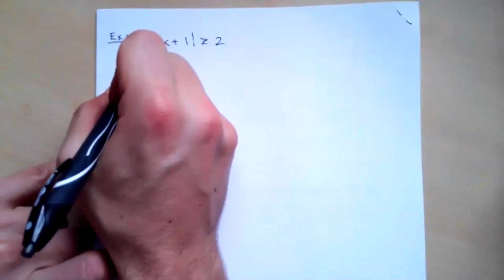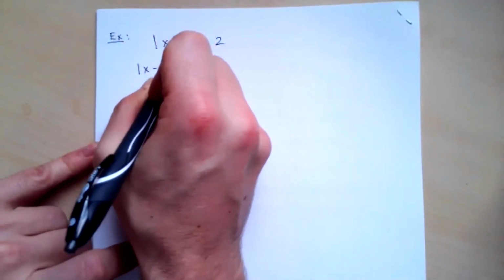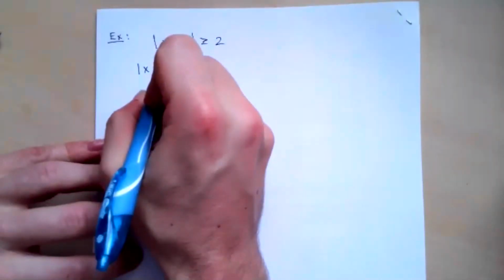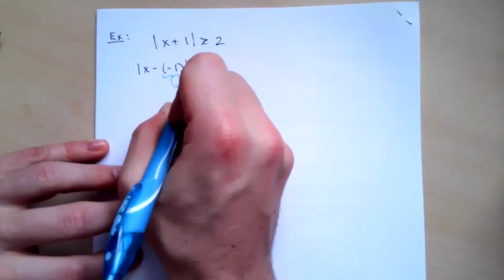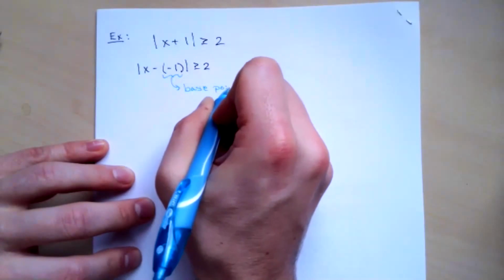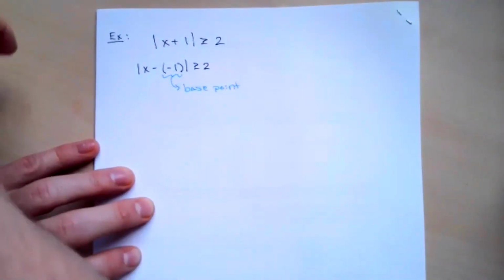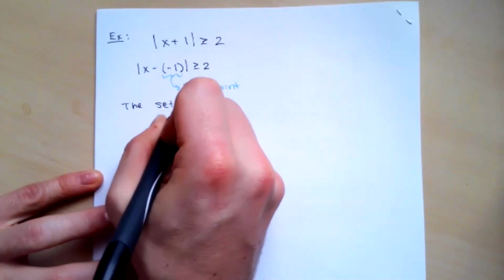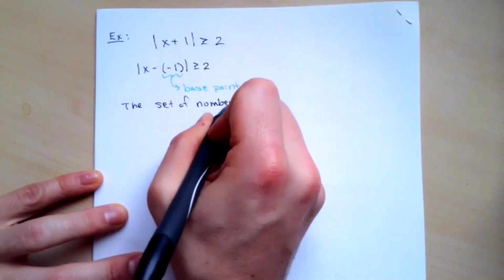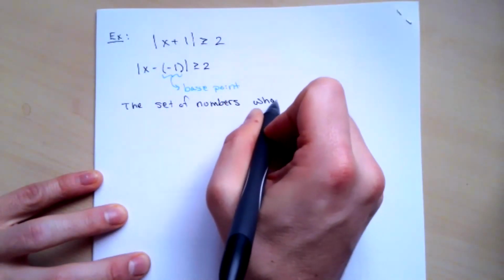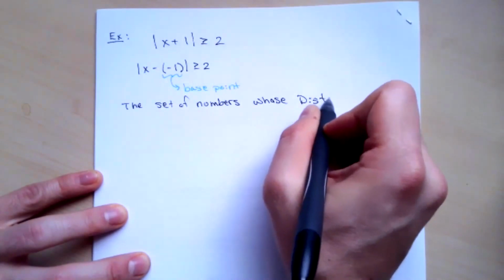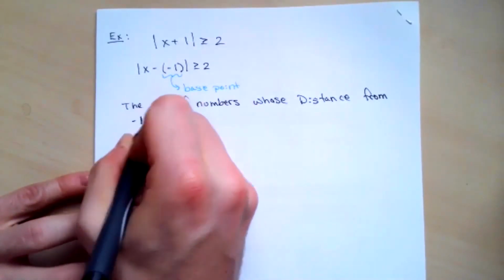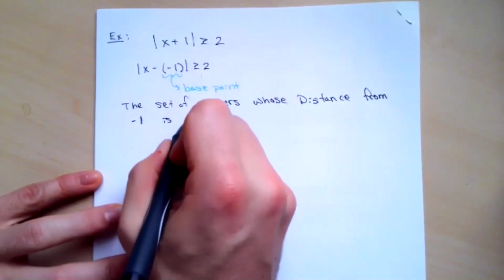We want to think of it as minus negative 1, so that this negative 1 is your base point. In other words, we can read this as the set of numbers whose distance from negative 1 is greater than or equal to 2.